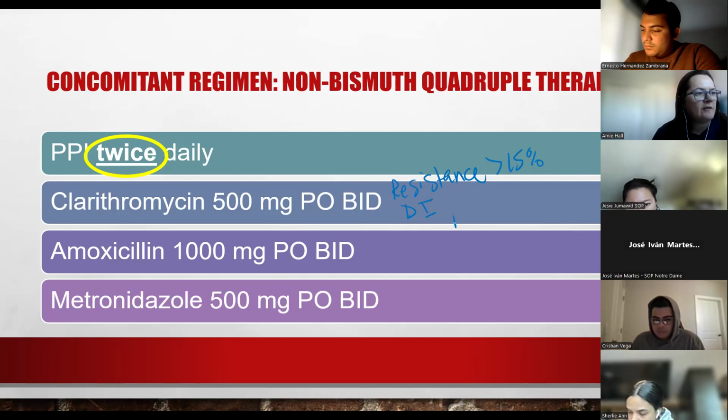We need to think about recent macrolide. All right, QTc prolongation. For amoxicillin, we need to think about a penicillin allergy. And for metronidazole, we need to think about alcohol use.